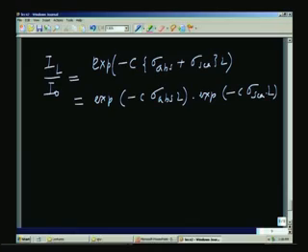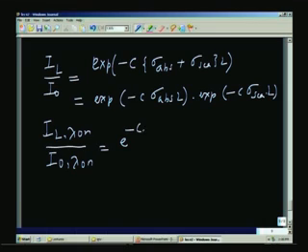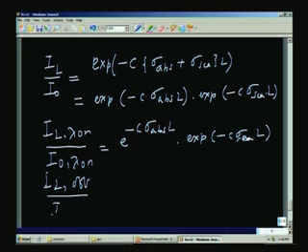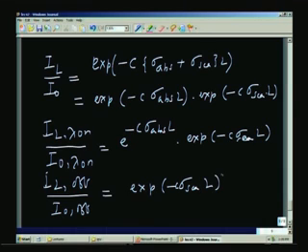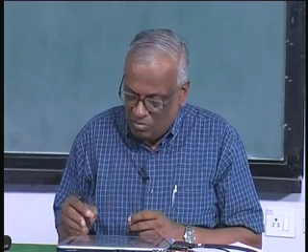So, suppose I write a similar equation for both the on and off frequencies. We will see that I_L at lambda on divided by I naught at lambda on will be the same expression, e to the power of minus C sigma absorption L, multiplied by this scattering quantity, whereas I_L off divided by I naught off will have the absorption term absent; it will simply be e to the power of minus C sigma scattering times L. This concentration is different from the other concentration; it could also include other species which may scatter.